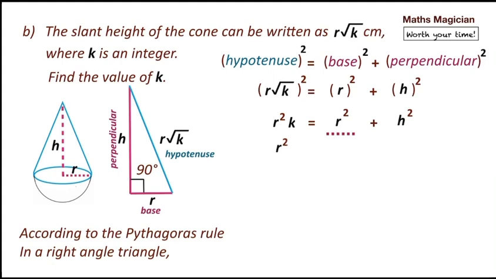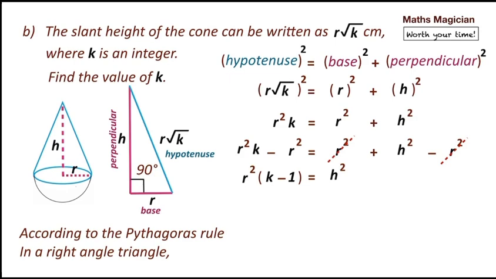For this, we subtract it from both sides, and we are left with, solving, putting value for h, we get, and hence we get k equal to 17.